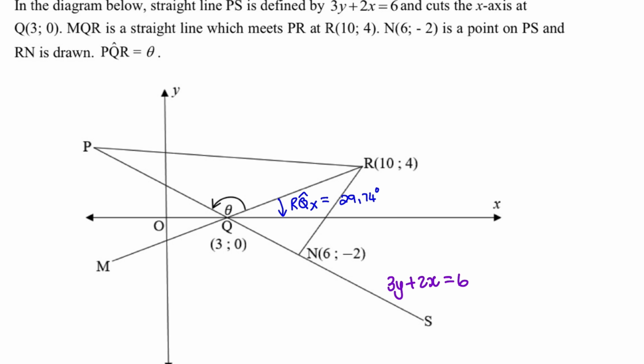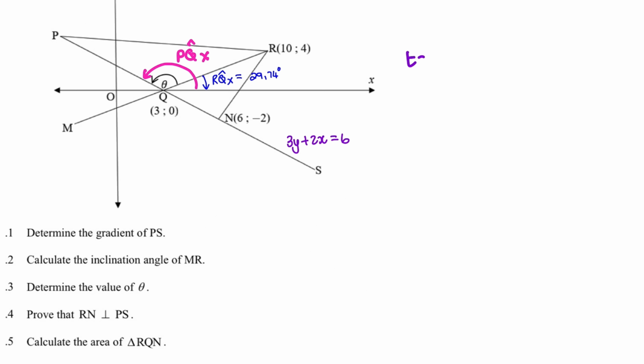The next question says, determine the value of theta. So in order to determine the value of theta, I can find the angle of inclination between the line PQ and the x-axis. So if I can find the size of the angle PQX, and I take that value and I subtract it from the angle size of RQX, then I'll have theta. So we know that the tan of the angle PQX is equal to the gradient of the line PS.